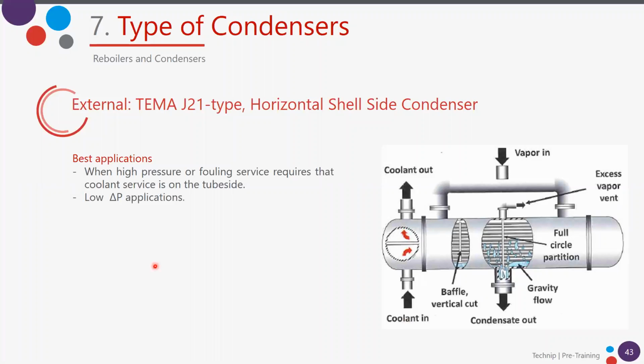The best applications are when high pressure or fouling service requires that the coolant is on the tube side, and also for low pressure drop applications, because as I said, we split the fluid into two parts, so then we decrease velocity and we decrease the pressure drop.